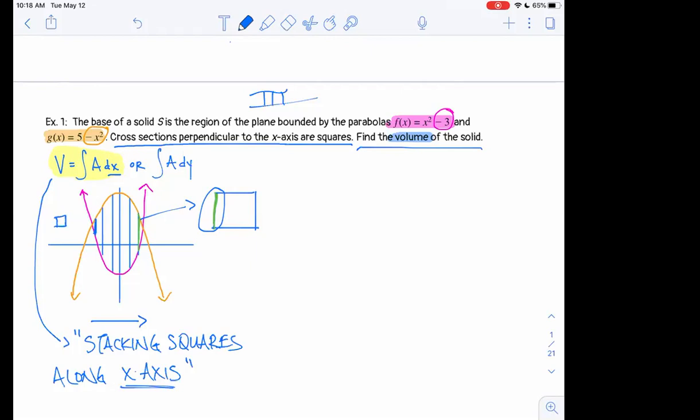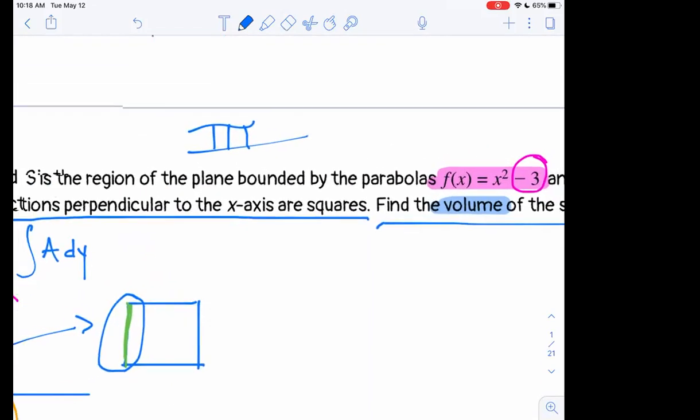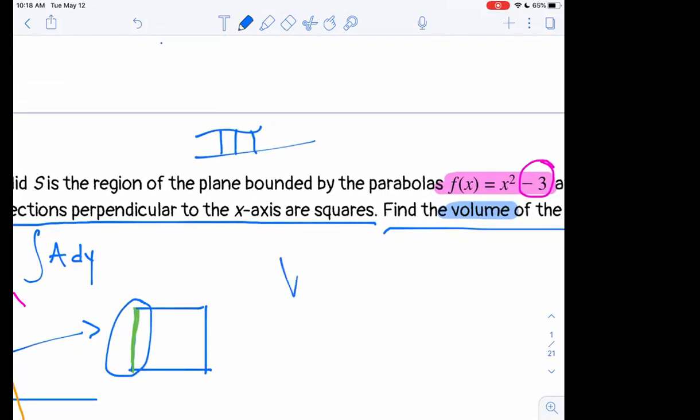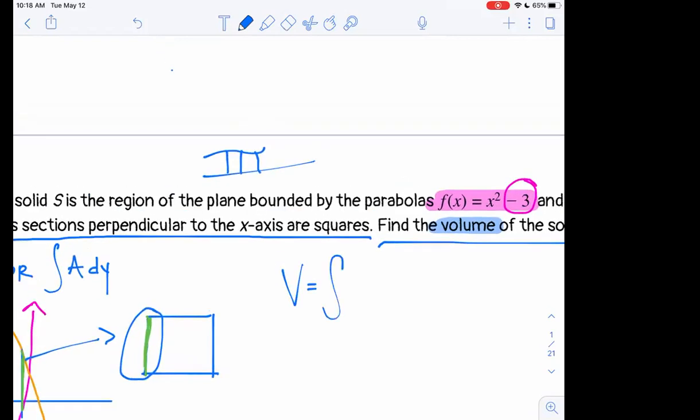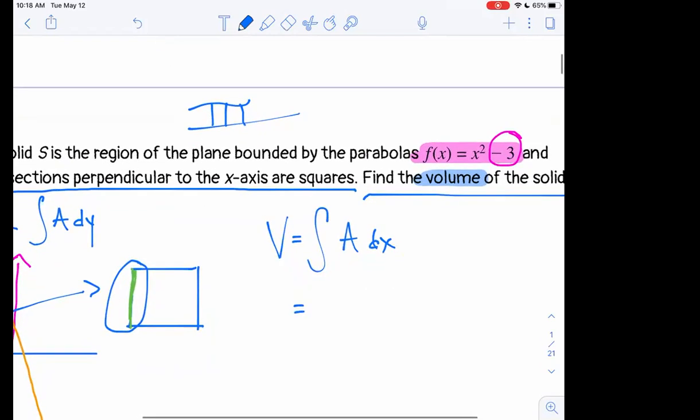All right, so now let's get into our formula. Whoa. So we have volume equals the integral of the area dx, okay? Now, what is the area formula for a square?